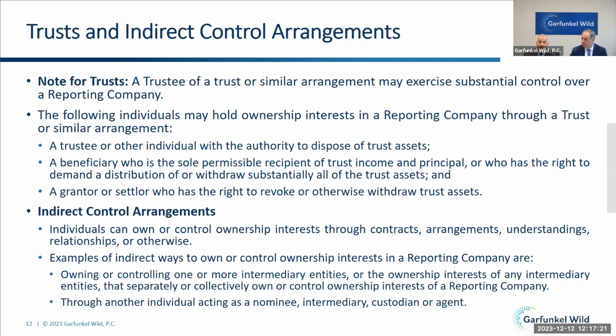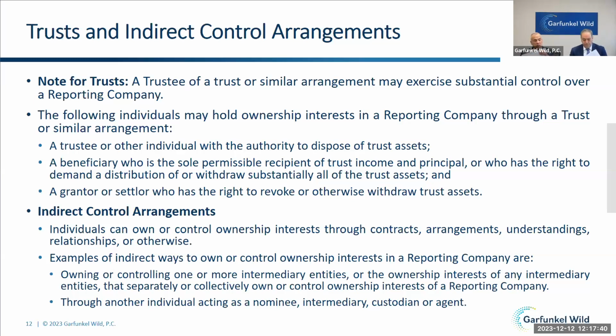Now, as I mentioned to you before, when you get to a slide, that's going to be a very interesting slide as we walk you through the analysis to determine whether individuals who have an ownership interest in a certain entity, like a subsidiary, would have to be reported as a beneficial owner for the reporting company.